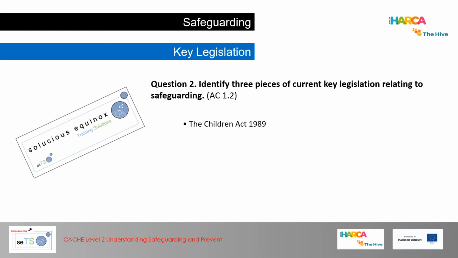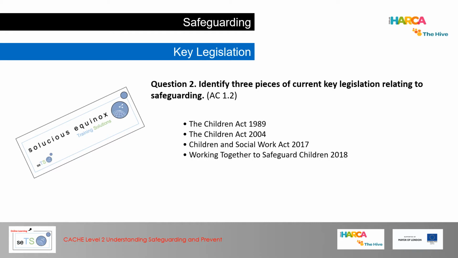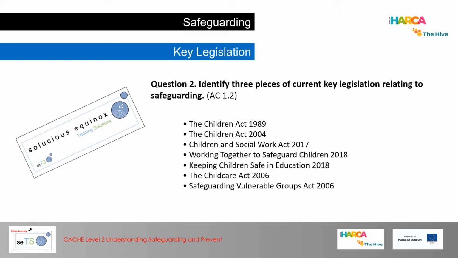You might want to consider the Children's Act, the Children and Social Work Act, working together to safeguard children, keeping children safe in education, the Childcare Act, Safeguarding Vulnerable Groups Act, and Children and Families Act. So have a think about these pieces of legislation and some key parts about them and what they aim to do and what they cover.